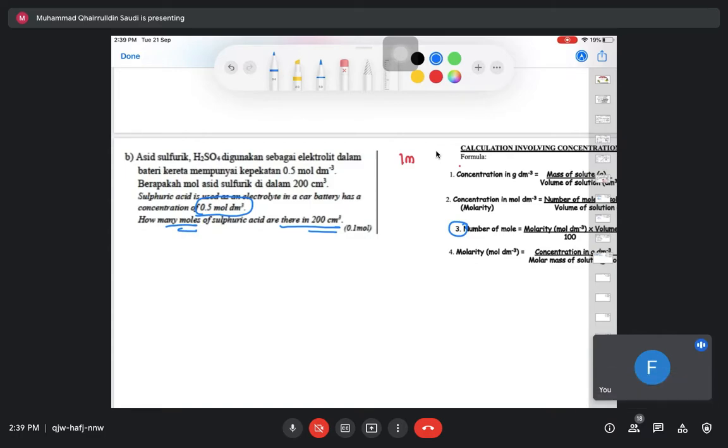No. Terus masukkan molarity times volume. 0.5 mole per dm cube times volume in centimeter cube divided by 1000. It is 0.1 mole. 1 mark. Saya terus kalau laju terus bagi tahu.